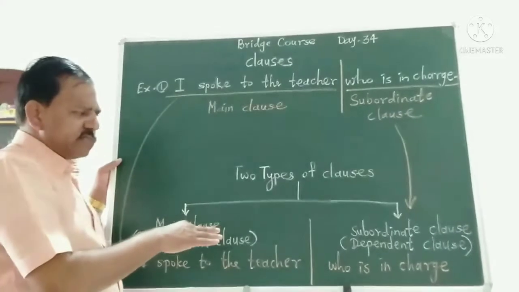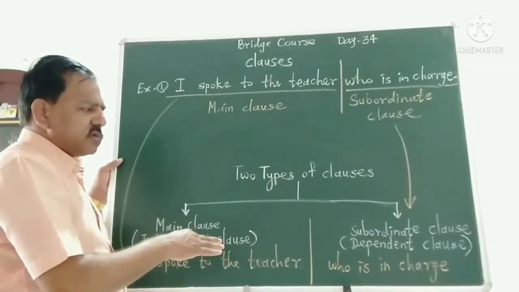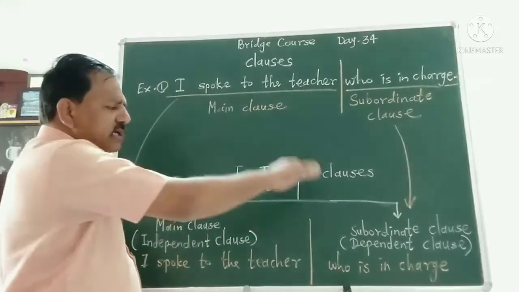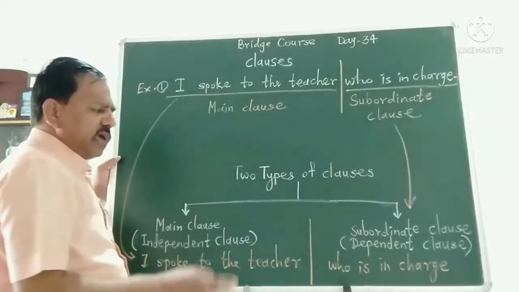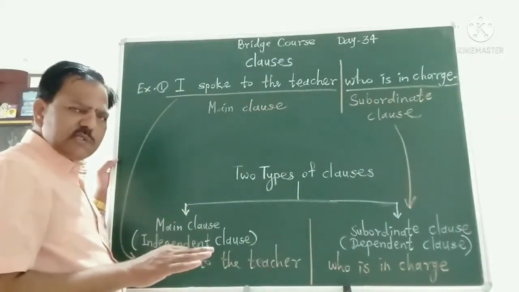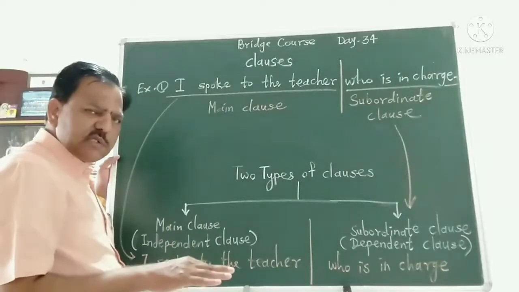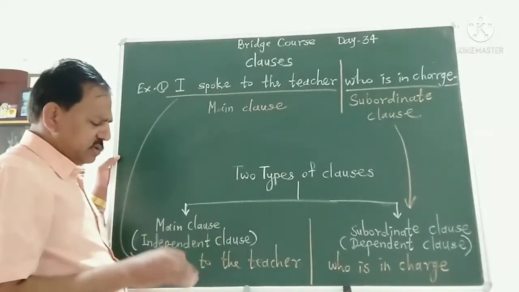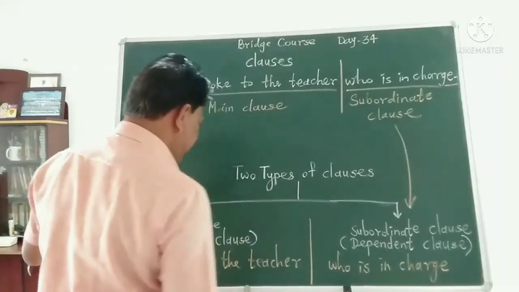So prominently, on the basis of the function of subordinate clause, we have three main kinds: noun clause, adjective clause, and adverb clause. So let us see some more examples.